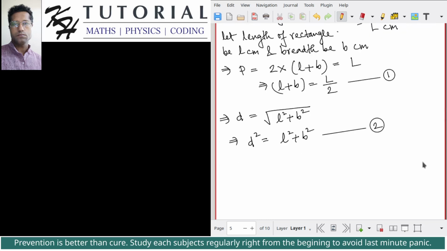How do we find l into b? Now, note that (l plus b) square. From the chapter of algebraic identities, I hope you are aware of the formula that (l plus b) whole square will be equal to l square plus b square plus twice lb.